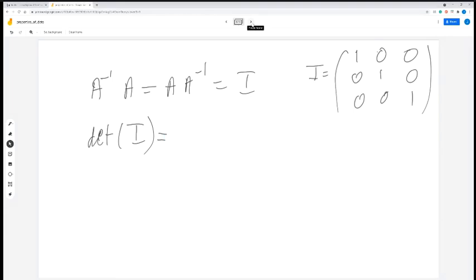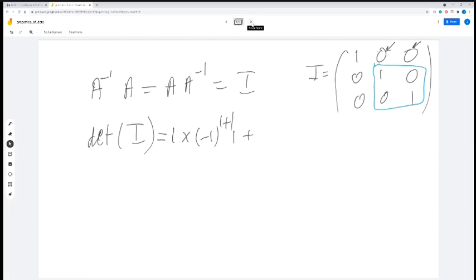So I will get 1 times its cofactor, and the cofactor is -1 to the power 1 plus 1 times the minor, and the minor is the determinant of this matrix down here, and this is obviously 1, plus, now you see I don't have to expand with respect to the rest because here I have 0 and here I have 0, so whatever the cofactors, they are going to contribute nothing, just zeros. So that's it.